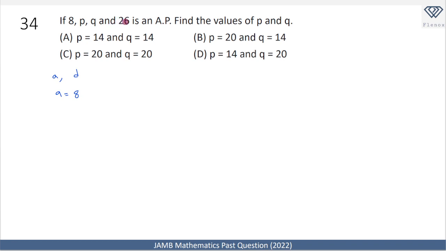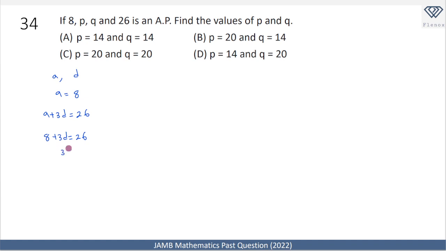Now, we know that 26 is the fourth term because this is the first term, the second term, third term, fourth term. So 26, which is the fourth term, we can write that as A plus 3D is equal to 26. So this enables us to find what the common difference is by substituting the value of A as 8 in this equation here. So we can write that 8 plus 3D is equal to 26.